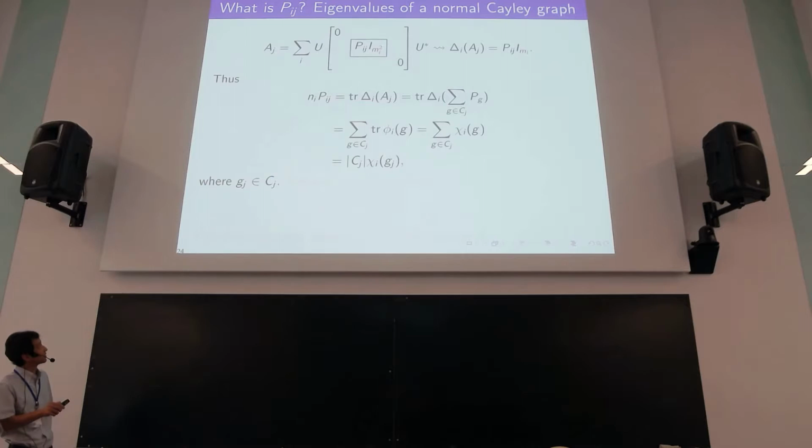I just take an arbitrary element, g sub j, from the jth conjugacy class, and so this value is the character value at the jth conjugacy class. So I was able to relate this entry of the eigenmatrix Pij with the character value chi of gj.